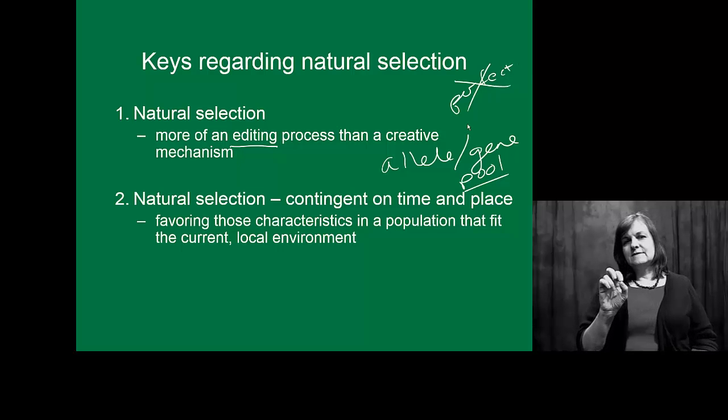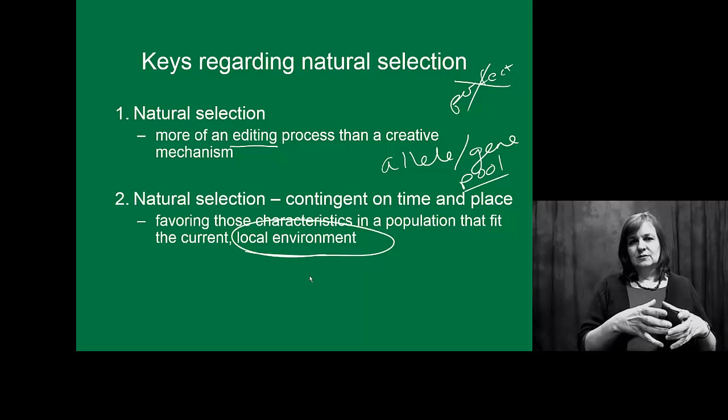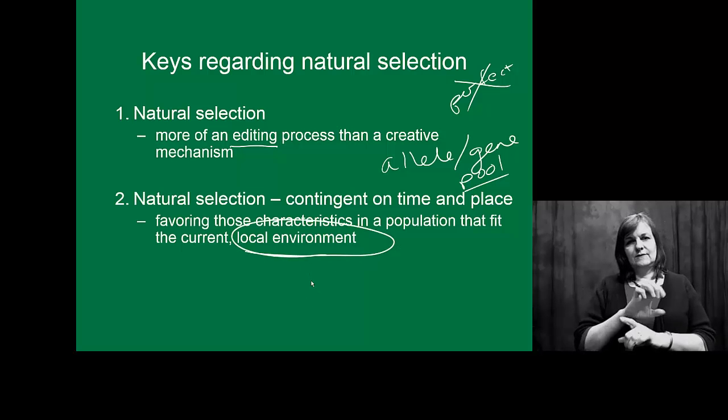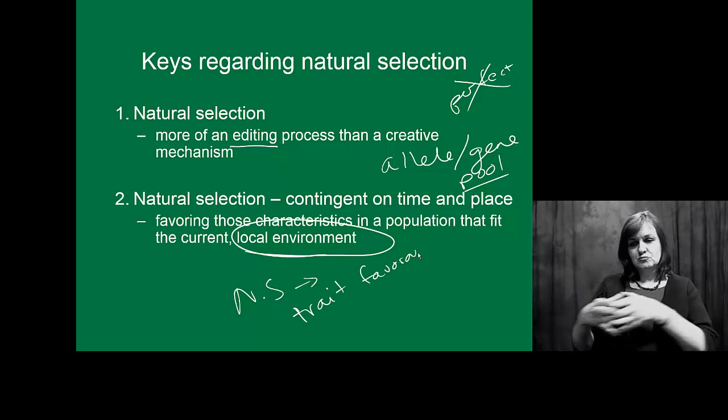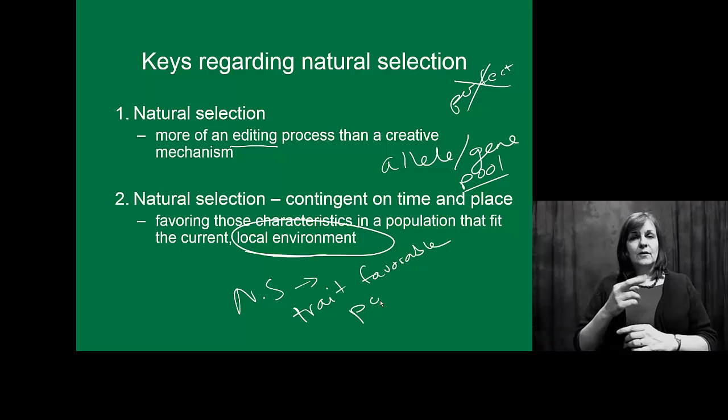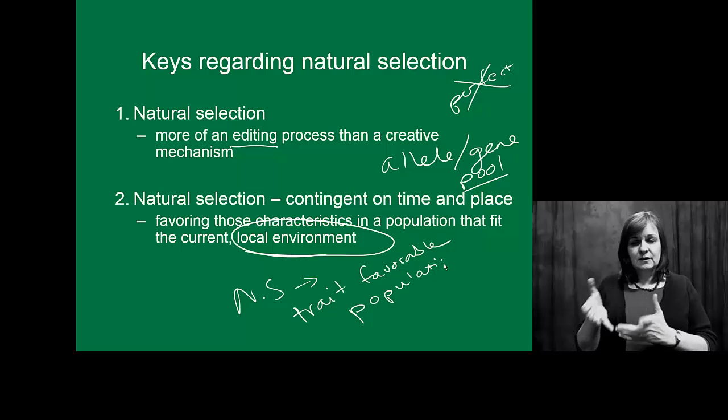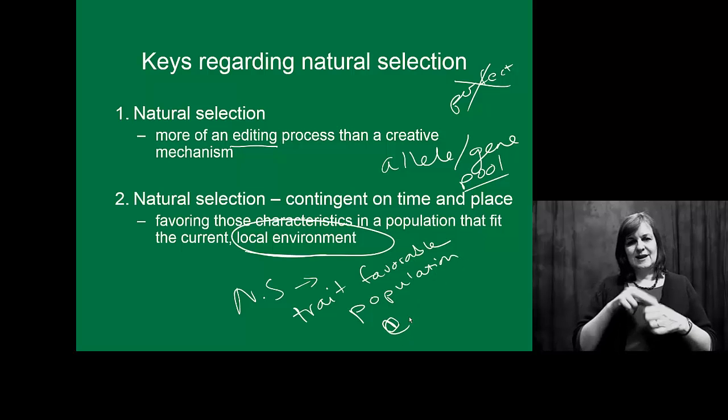Okay? We also have to look at the fact that natural selection works based on the current environment of a population. So natural selection is only going to work if a trait is favorable in a population, in a given environment.